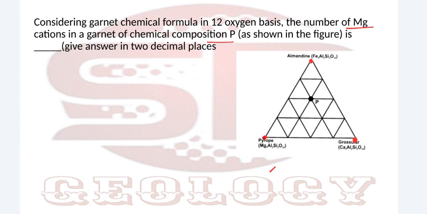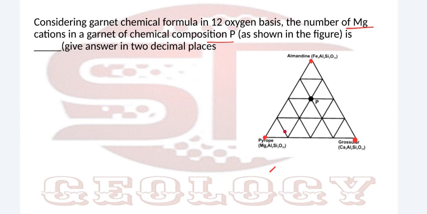Then the pyrope value on a line parallel to the pyrope vertex is 0, and gradually it increases towards pyrope. It depends upon how many divisions we are making. If we make 10 divisions, then each line will increase by 10.